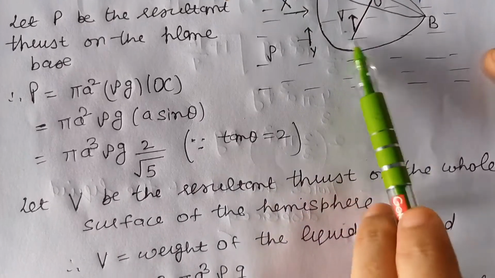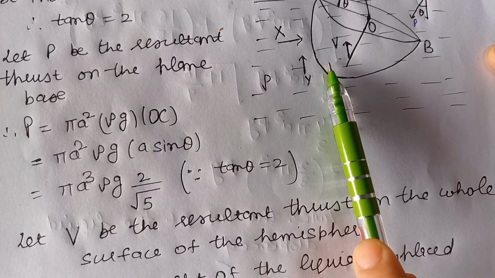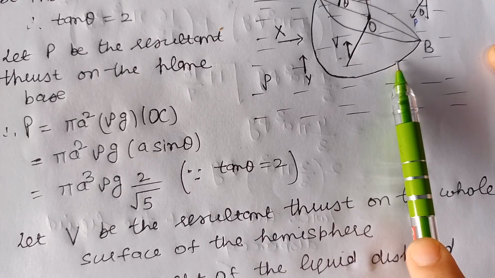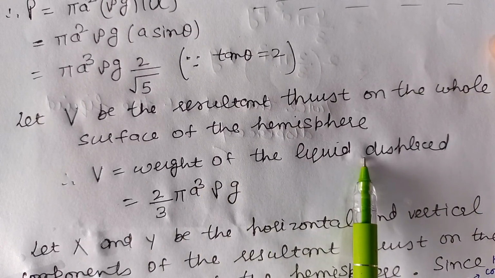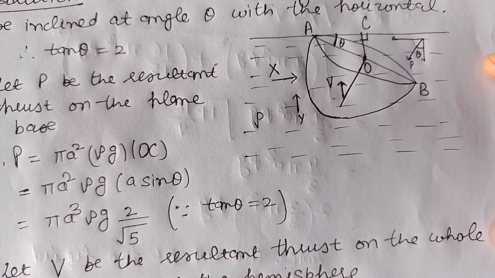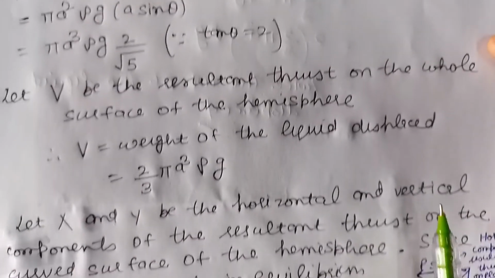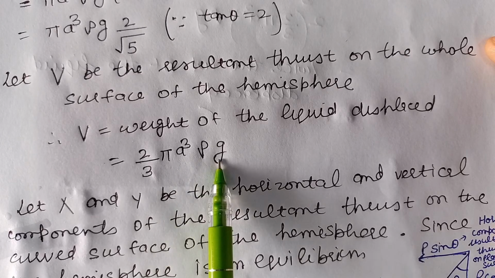Now let us take V as the vertical thrust on the whole surface of this hemisphere. By definition, this is given by the weight of the liquid displaced, that is the volume of this hemisphere into density of the liquid into g. So that is 2 by 3 pi a cube rho g.